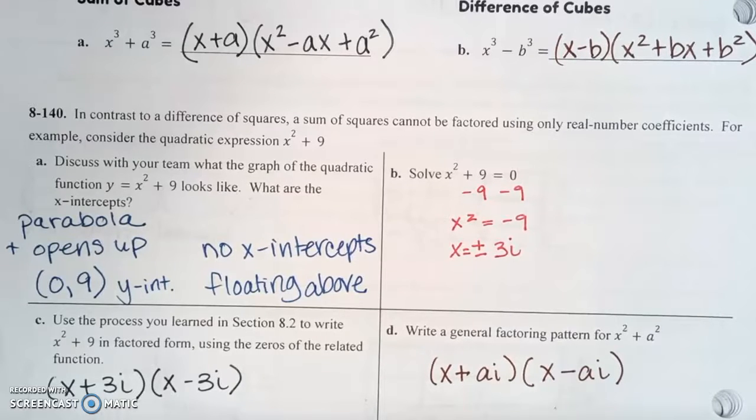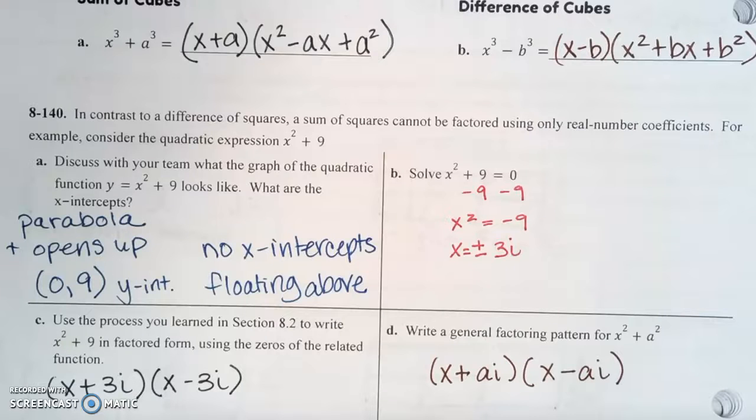What are its x-intercepts? Because it's a quadratic, it's going to be a parabola, right? Because it's positive, it's going to open up. It's going to have a y-intercept at (0, 9), which means that one in particular has no x-intercept, and it's floating up above, up here, right? Okay?